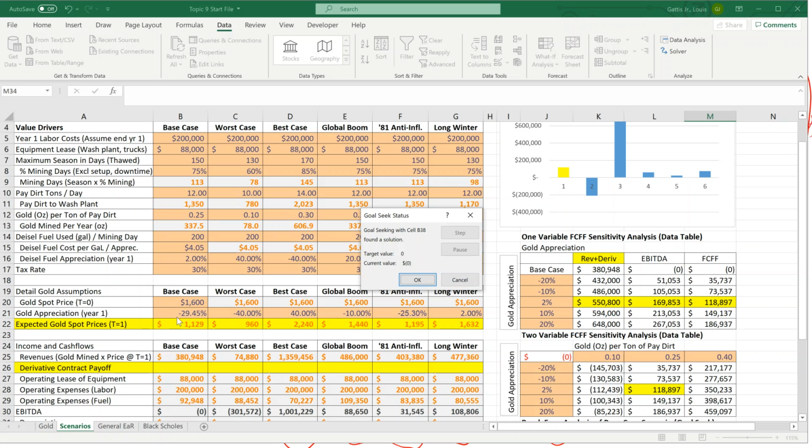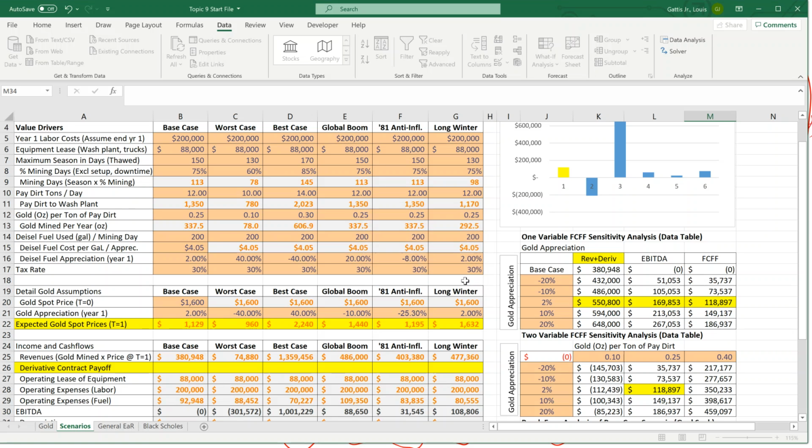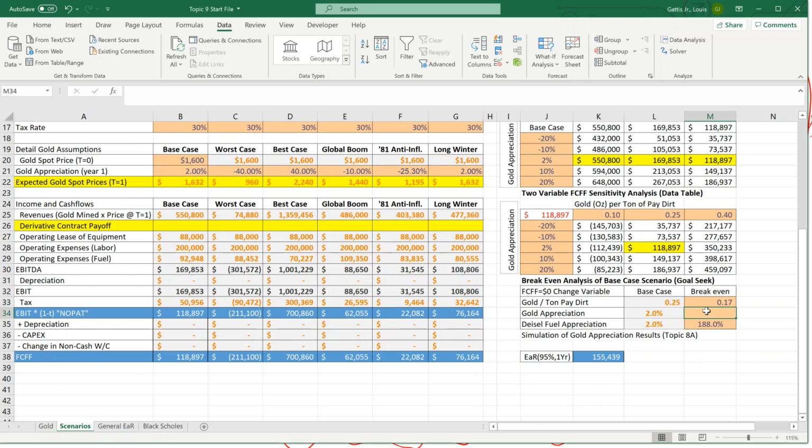And what you see there in cell B21 is negative 29.45%. I'm going to hit cancel, and I'm going to type in negative 29.45% is now my break-even appreciation of gold. So as long as gold doesn't fall by more than 29%, I'll have free cash flows of 0 or greater.